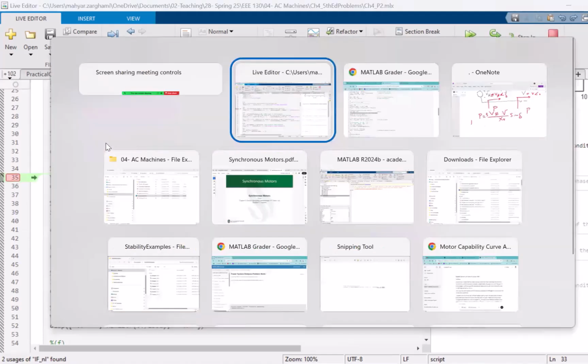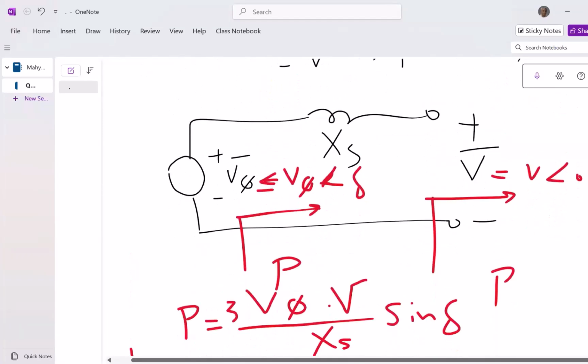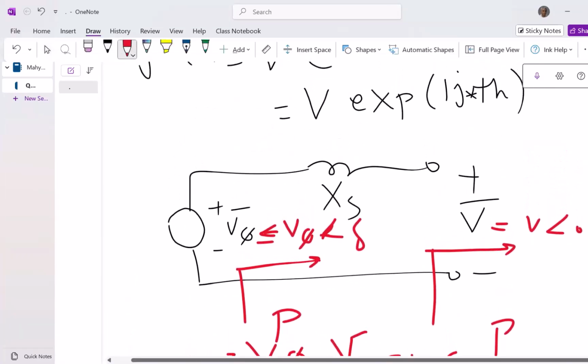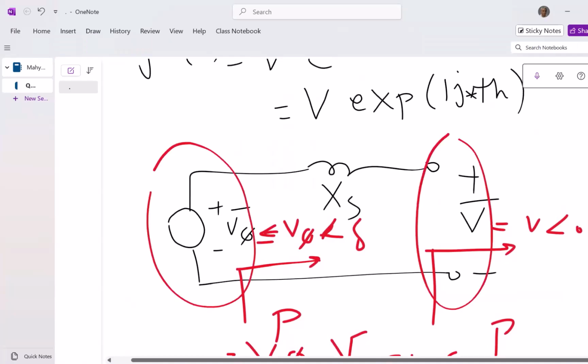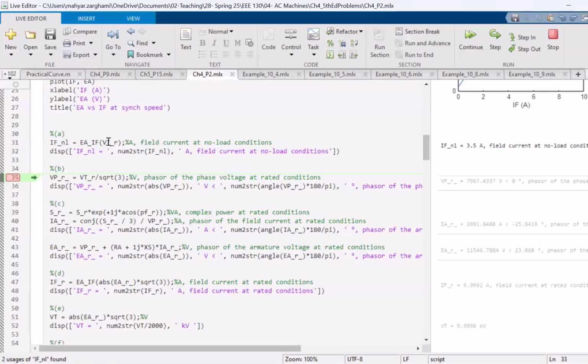And remember, the machine is at no load conditions, which means that since there is no load on the machine, this voltage would be the same as this voltage. So you go through that function, you give it basically 13.8 or 13,800 volts, and you read what the IF value is, 3.5.